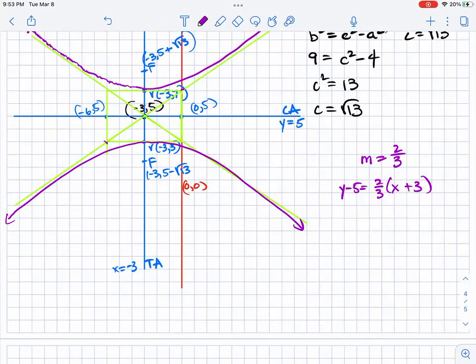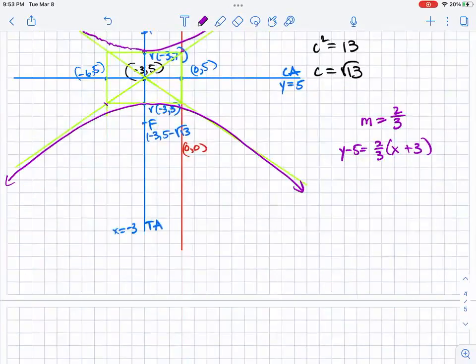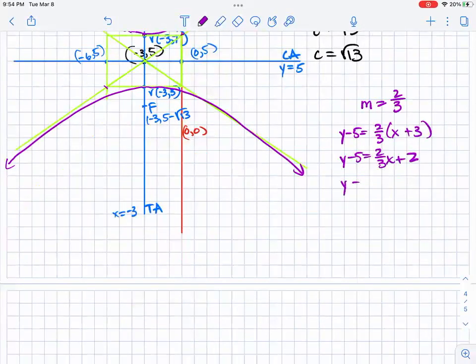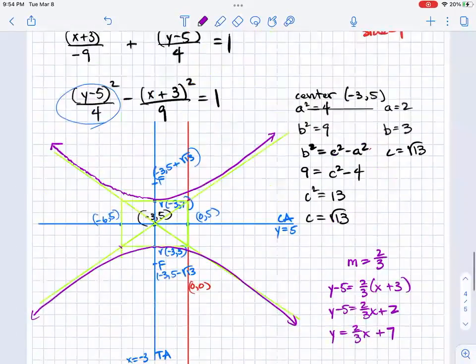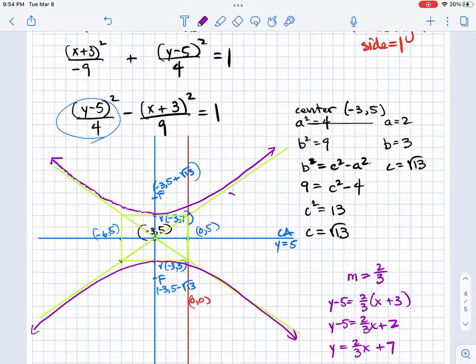Although the one on the 0 line would work as well. So y minus 5 is equal to 2/3 x plus 2. Adding the 5 from the other side, y is equal to 2/3 x plus 7. This is the upper one. So y equals 2/3 x plus 7.